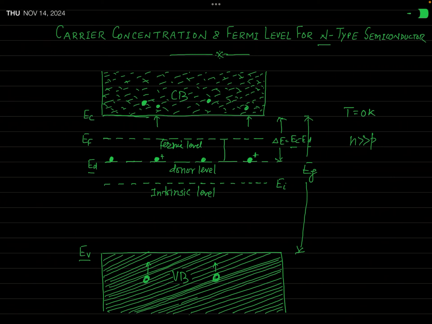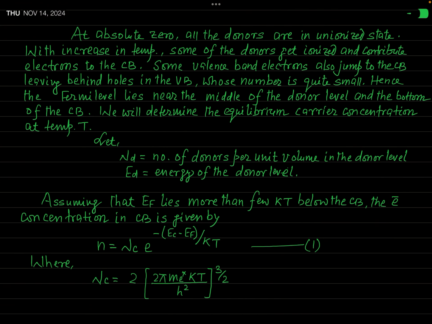Okay, actually we will determine the equilibrium carrier concentration at a particular temperature T, and for this calculation let us consider that Nd is the number of donor atoms per unit volume in the donor level, or you can say that this is the concentration of donor atoms, the unionized atoms.